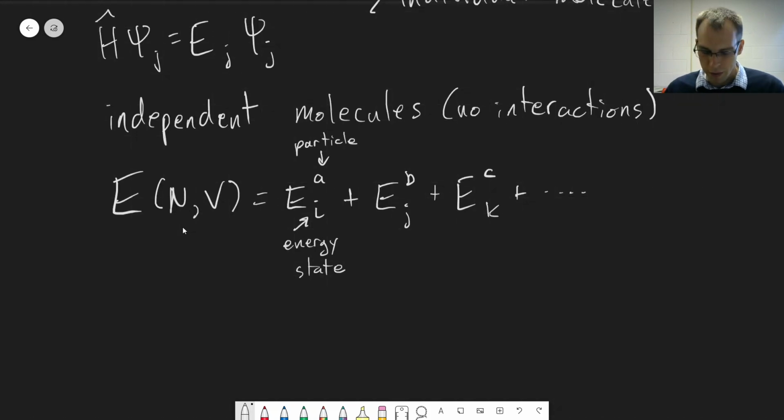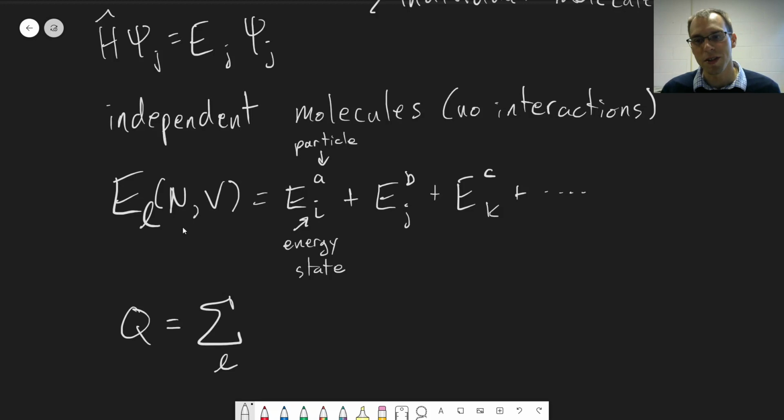So then we can go ahead and write out the partition function for this whole system. We'll call this state L, just to keep it distinct, right? We have I, J, and K already. So for a particular state L, where we have specific values of our energy states for our individual particles, and for all the different possible values of L, we can have all the different combinations of energy states and particles.